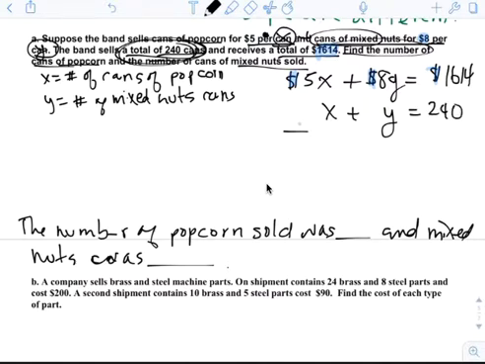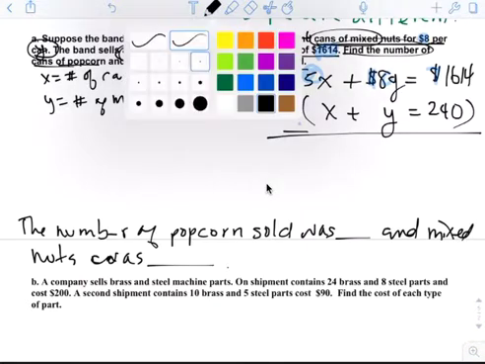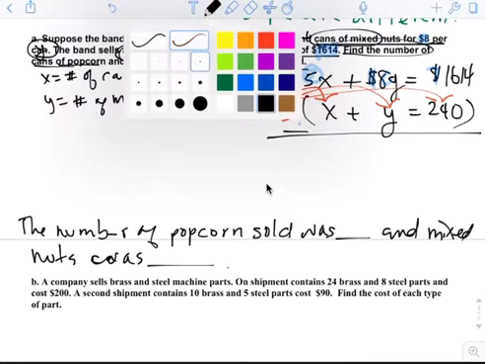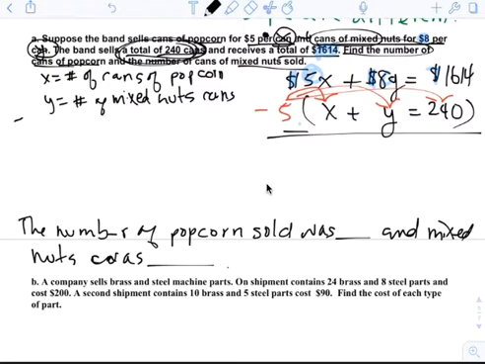Okay, we'll use elimination. I'm going to multiply by -5 because 5 is smaller than 8. So I'm going to multiply all this by -5. You distribute, distribute, distribute. So you get 5x plus 8y equals $1,614.